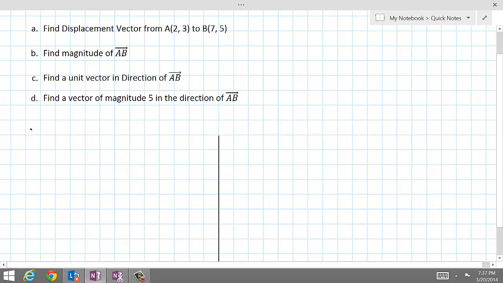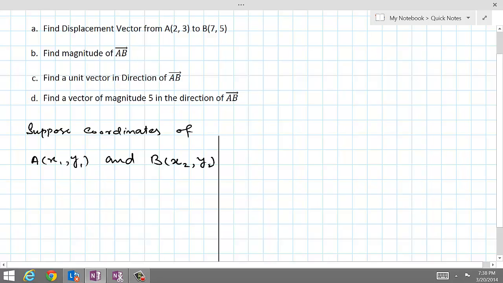Suppose the coordinates of A are x1, y1 and B the coordinates are x2 and y2.